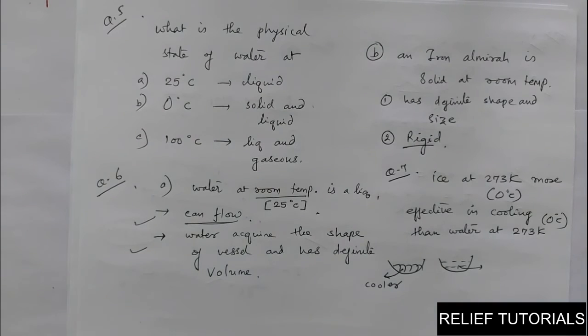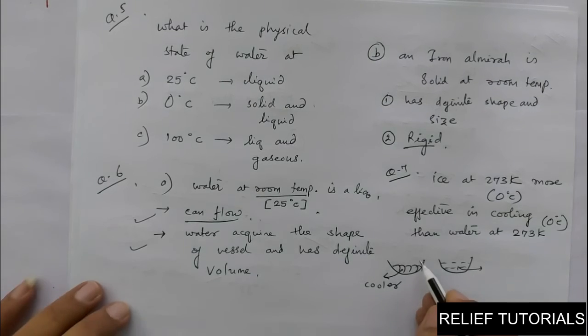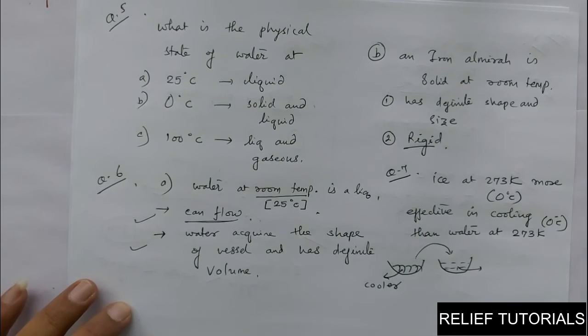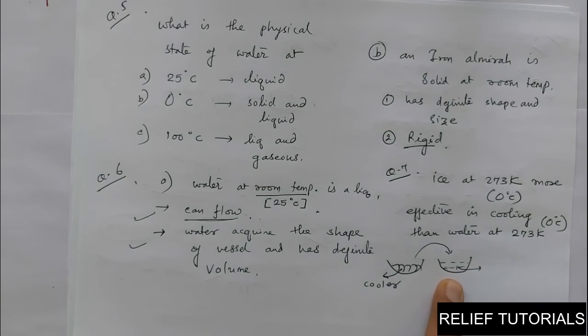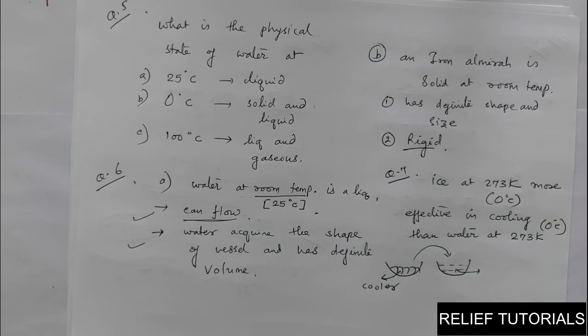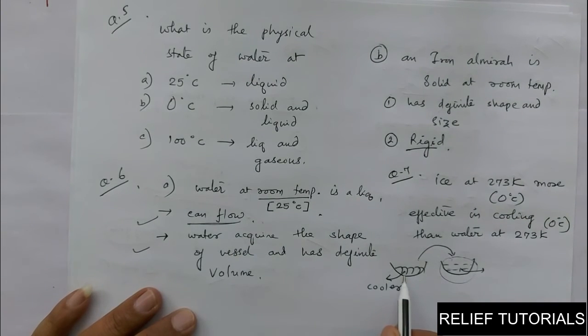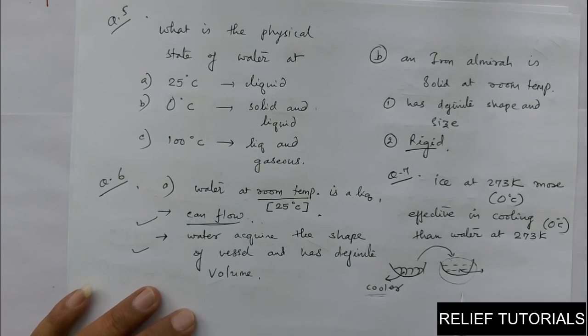The temperatures are same, but ice is cooler because it is in the solid state. When you give latent heat, it will be converted into liquid state. So the liquid molecules have absorbed more energy, so they possess some warmth. They have some heat energy present. So water is warmer than ice, but ice is cooler than water.